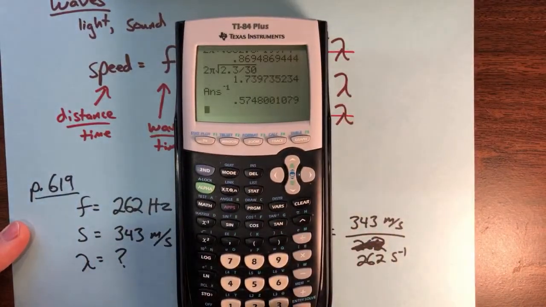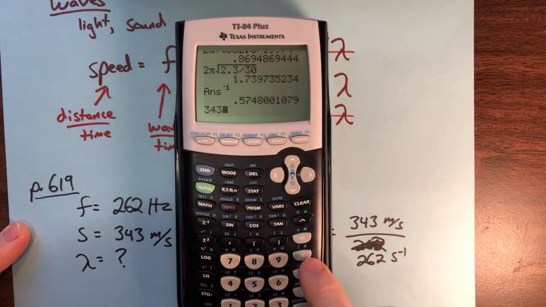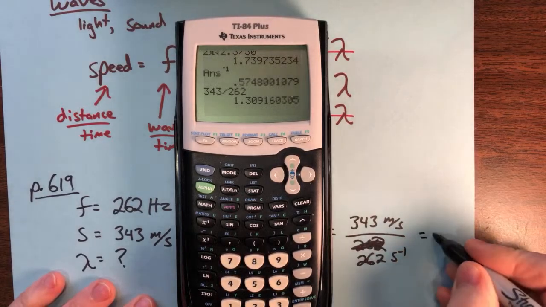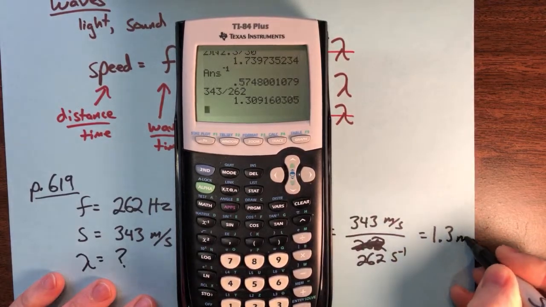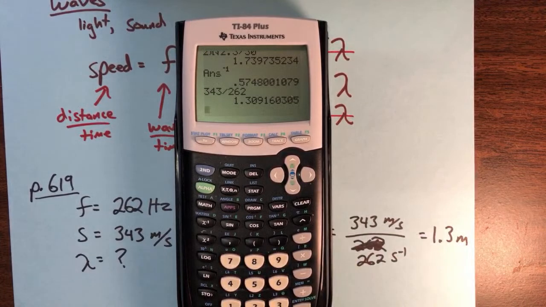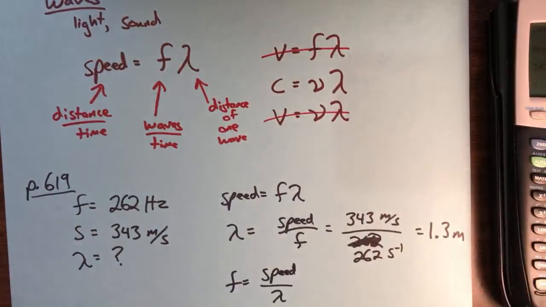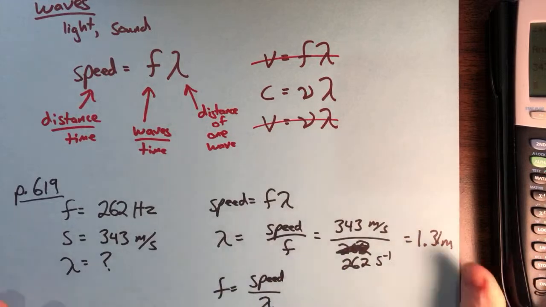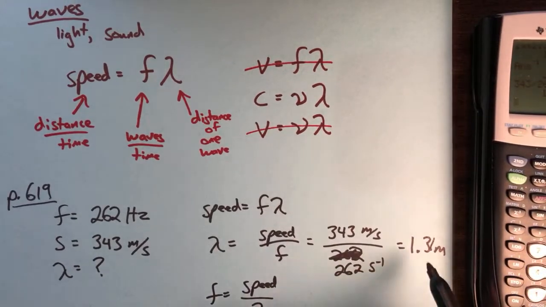So that is 343 divided by 262, which is 1.3 meters. Okay, so that is how we're going to solve these kinds of problems. And we should actually have 1.31, because 1.309 should round up to 1.31, and we do have 3 significant figures on this one.